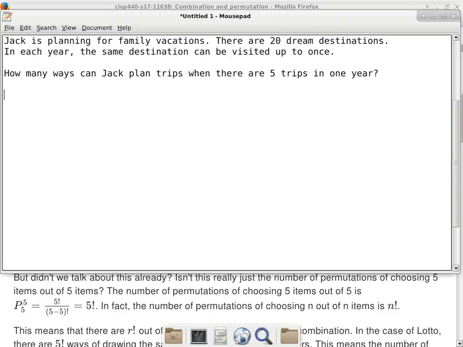First of all, do we have that requirement of without replacement? Once you have chosen a destination as the first trip, can we use that destination again? No. So it is without replacement, which basically means permutation or combination. Pick one of those two. Is that making any sense? But how do we choose whether it is permutation or combination?